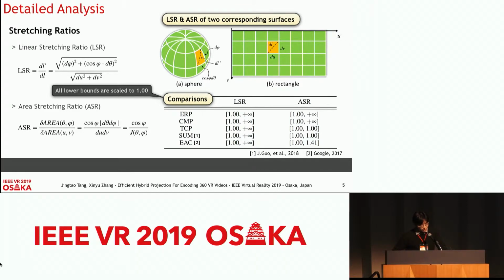Using the mathematical definitions of them, we calculated the corresponding terms of some projections, as listed in the table. To make the comparison more convenient, we scaled all the lower bounds of the linear stretching ratio and the area stretching ratio to 1, and by comparing the upper bound of each term, the smaller it is, the lower distortion it has.